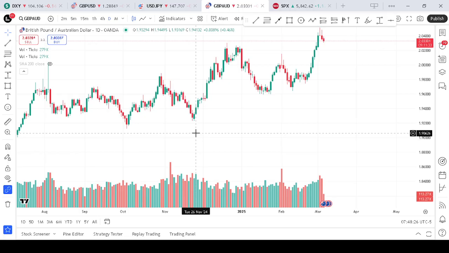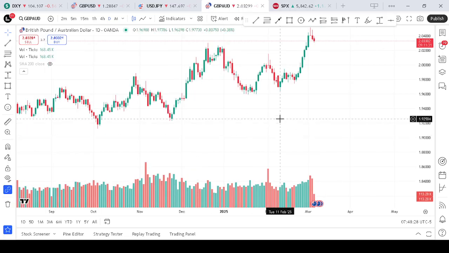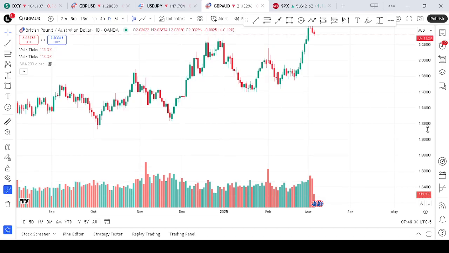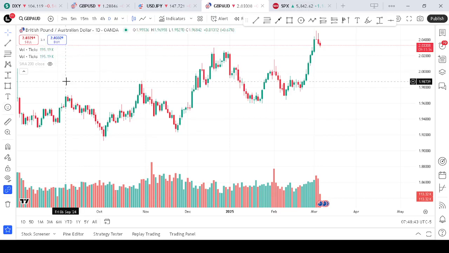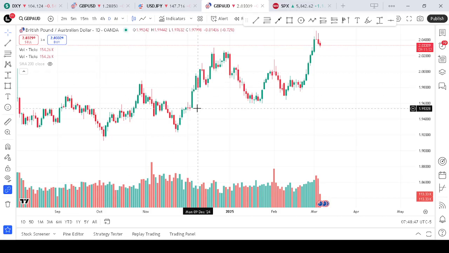The foundation of this approach lies in thorough fundamental analysis combined with a robust technical framework, beginning by identifying currencies with strong economic fundamentals like the GBP USD or the GBP AUD. These are currencies that have strong economic growth and political stability.